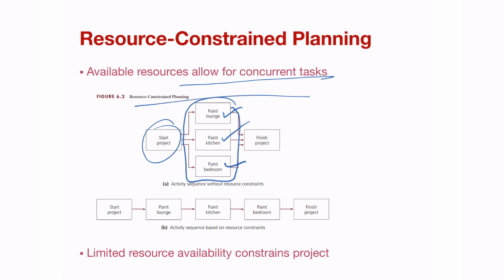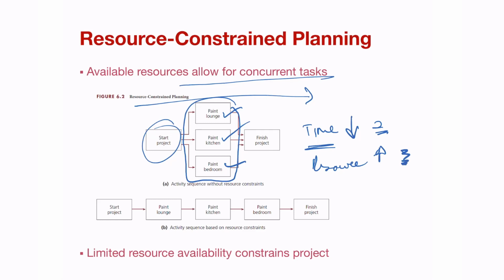Doing it in this particular way, what will happen? Your project time is much less. However, your project resource is much more. Why? Because it might only take you 2 days to complete, but you need 3 people painting.